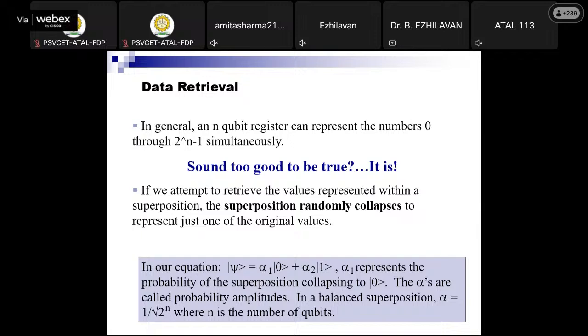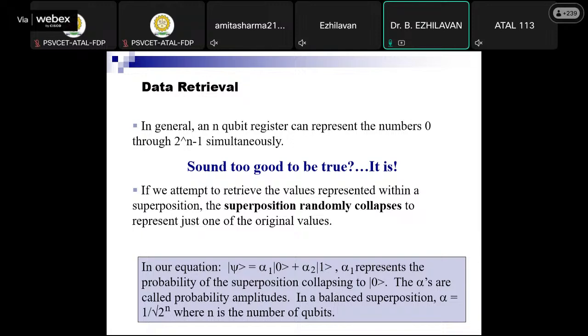If we are going to retrieve any data in superposition, it will randomly collapse. If you are fetching randomly, it will collapse to one of the original values that we see in that equation.